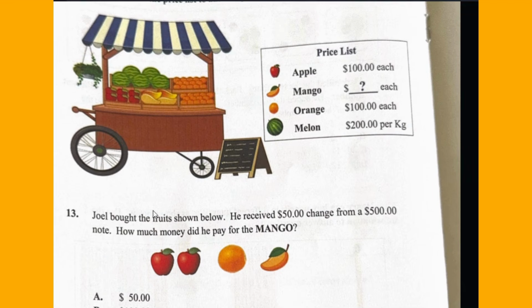So let's just write the prices. So for the 2 apples, he would pay $200 in all. For the orange, he would pay $100. And the price for the mango is unknown. So that would be $300 in all.